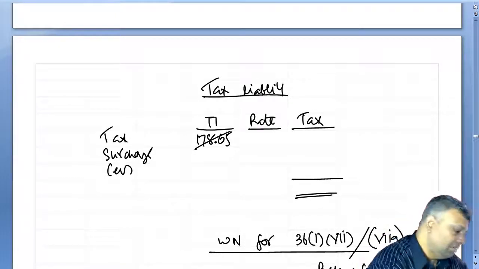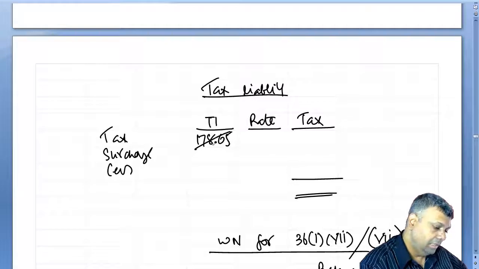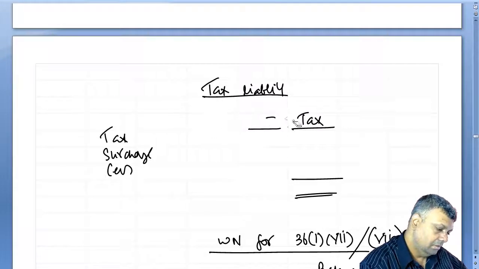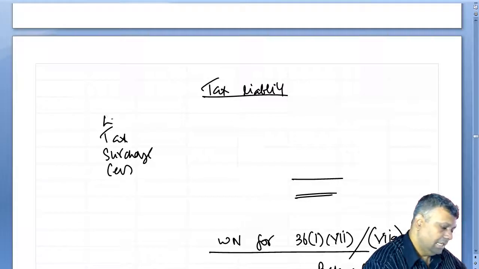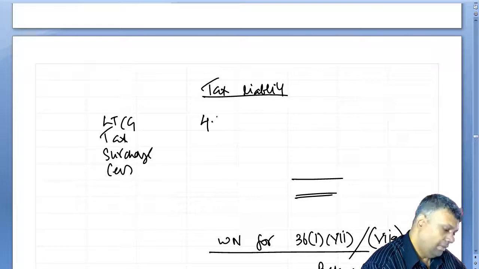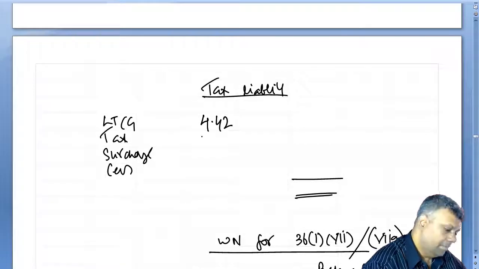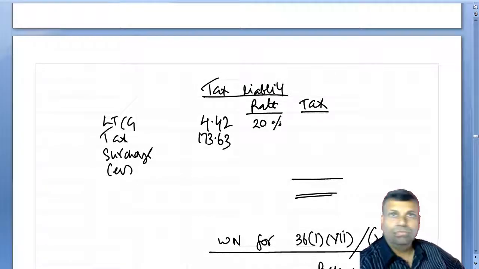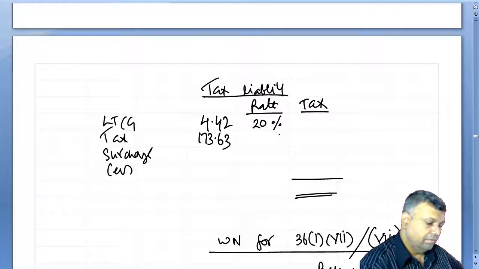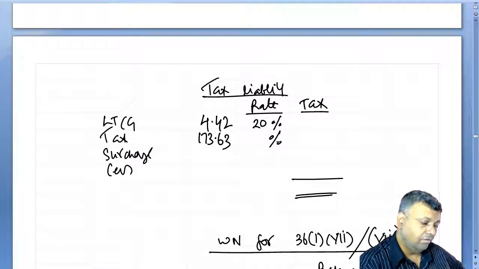So you have to update this particular table. Okay, so you have to say LTCG 4.42, balance will be 173.63, rate, tax, long-term capital gains, and the normal rate of the foreign company I have already given you in the rate card.